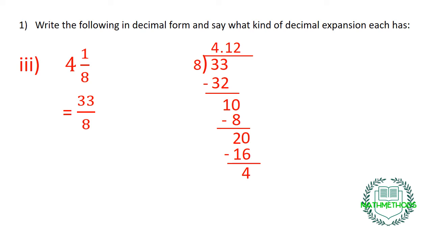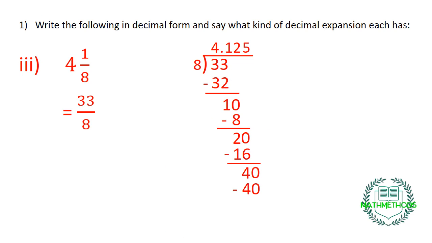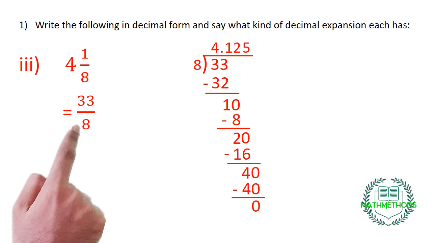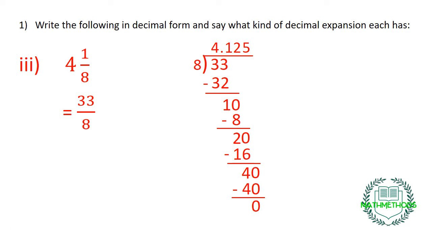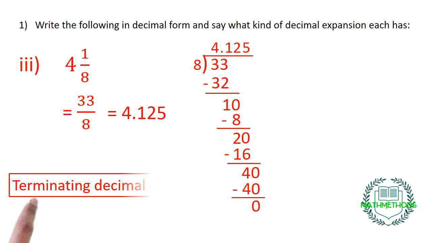Add a 0 to the remainder. Now 8 fives are 40. 40 minus 40, we get 0. So 33 upon 8 has a terminating decimal expansion. The decimal expansion of 33 upon 8 is 4.125, and it's a terminating decimal expansion.